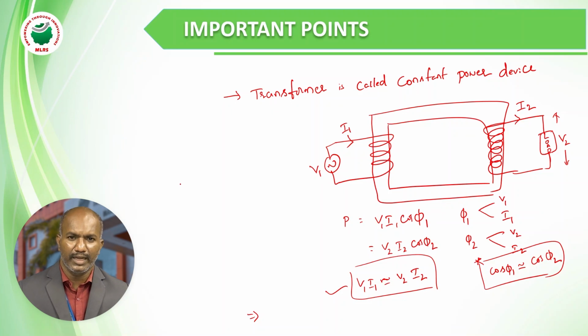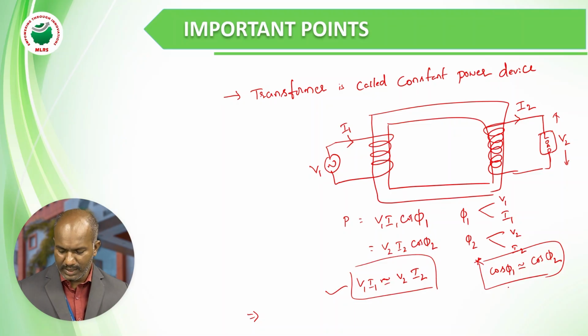Your rotor has to rotate against windage, and there is loss due to friction in bearings. So there are rotational losses in those machines, but the transformer has no moving parts, so there are no rotational losses. That's why I can say losses in a transformer are very small, and I can even neglect them in the case of an ideal transformer. So input power is equal to output power if we treat losses as small.